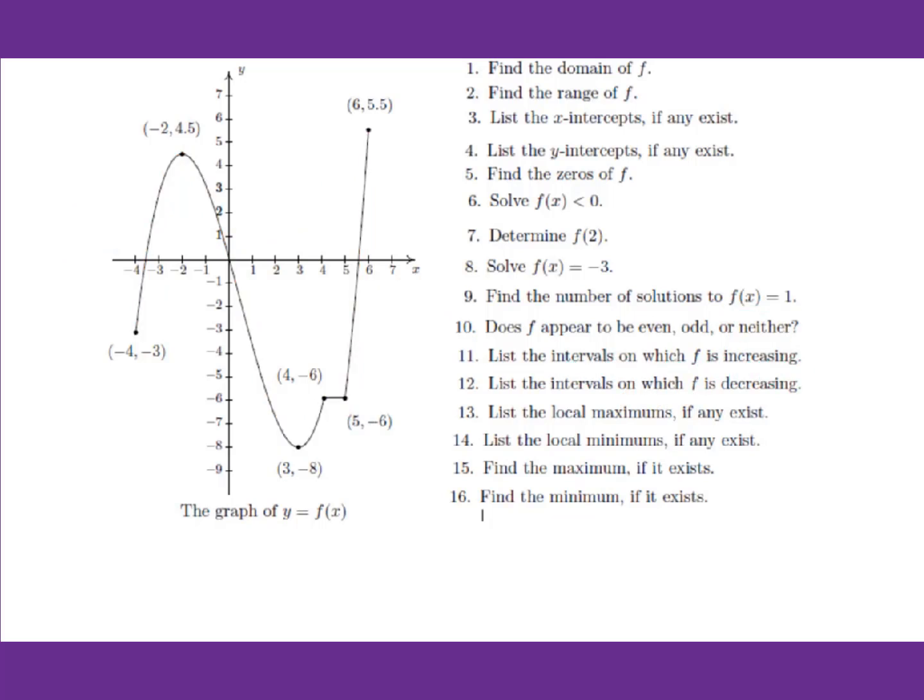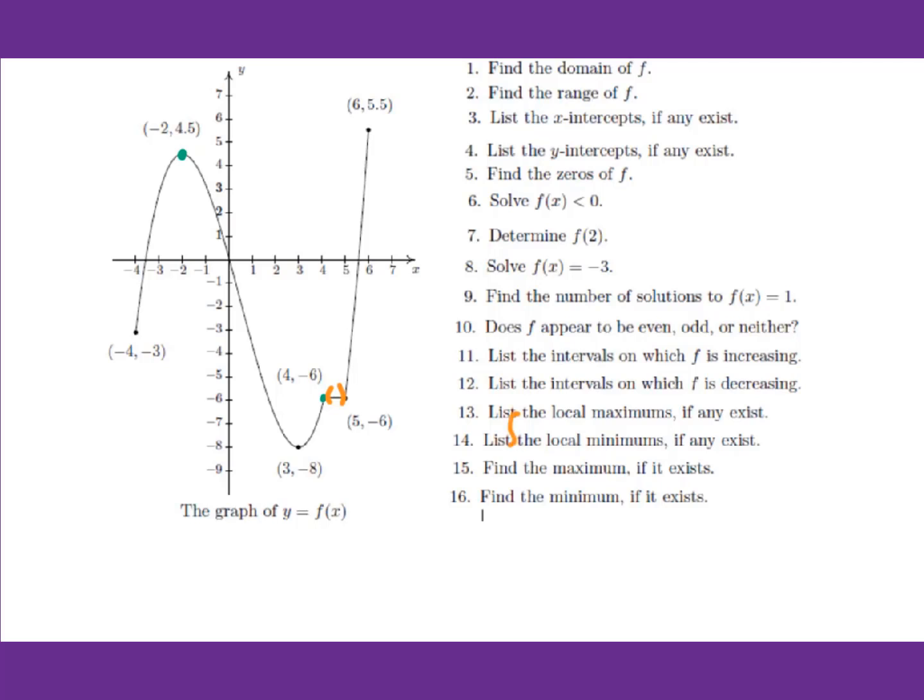For number 13, list the local maximum. According to the definition of a local maximum, we could say this is a local maximum. This is a local maximum. For the horizontal line, on the open interval between 4 to 5, we have a local maximum that is -6.